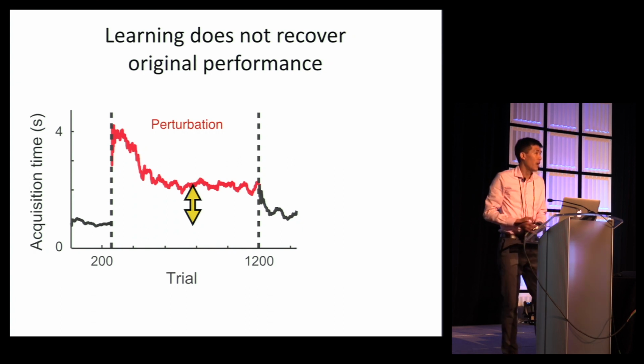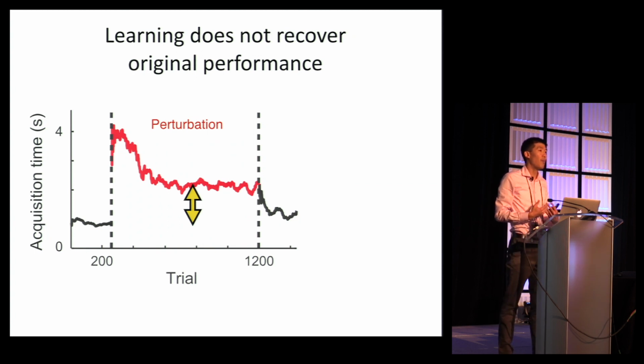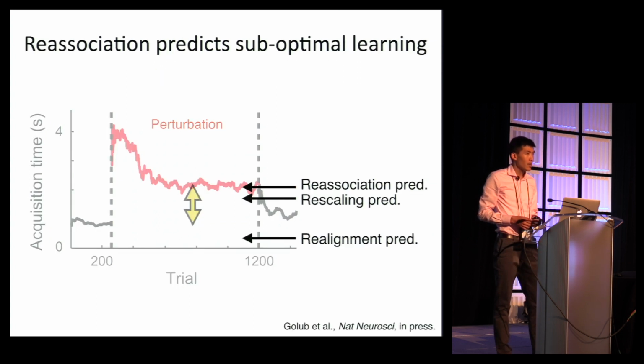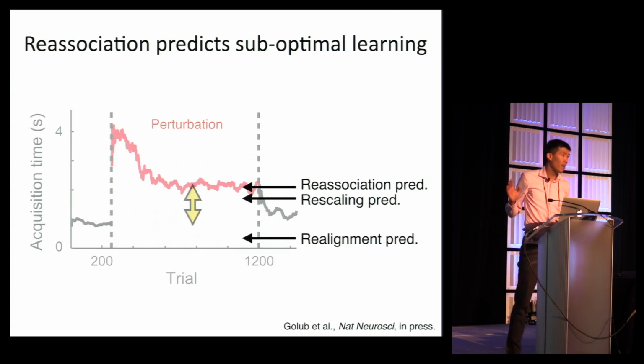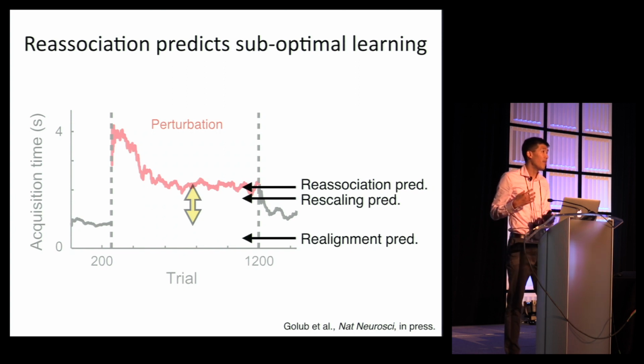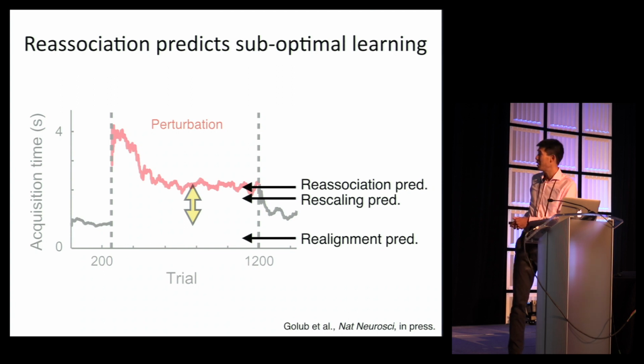And what we asked was whether these different hypotheses would predict that. Here are the predictions for each of the hypotheses. Realignment, it turns out, predicts acquisition times that are not only better than what the animal showed after learning, but oftentimes even better than what the animal showed under the intuitive mapping.